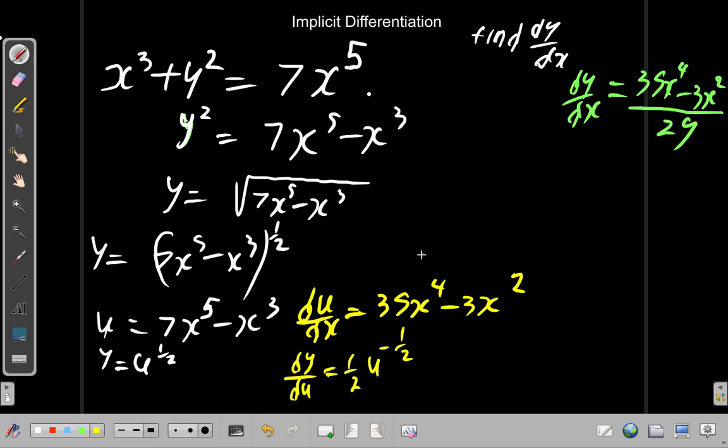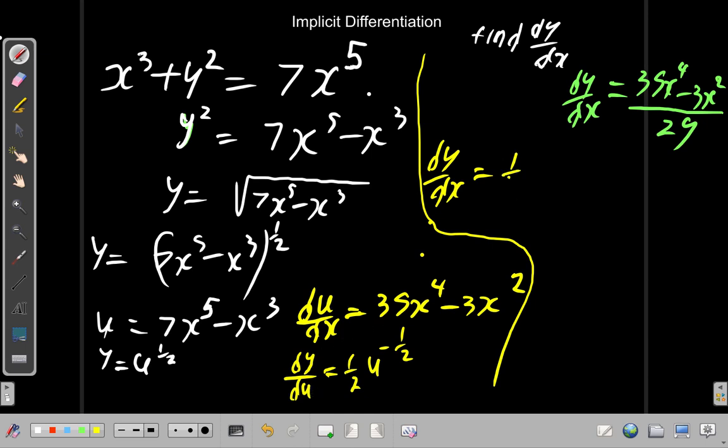Now, therefore, let me just partition the board here. What you would have is that dy by dx is dy by du, which is half u to the negative half. But remember, u is 7x to the 5 minus x cubed. So we can just write that from now.